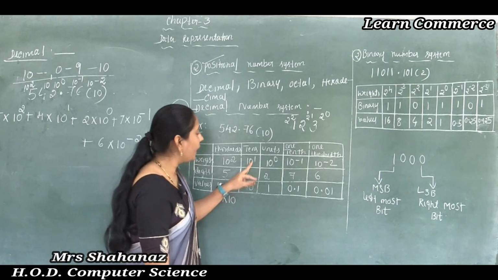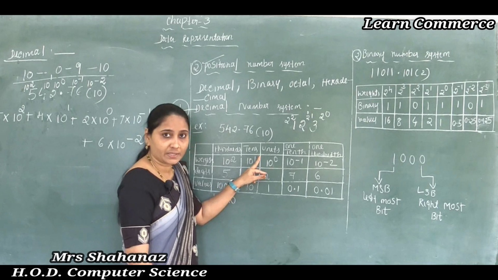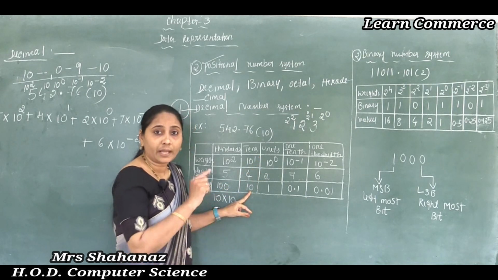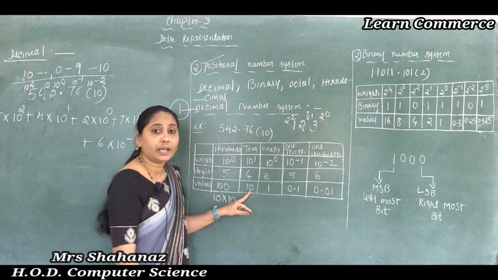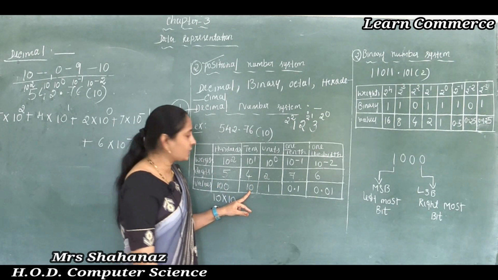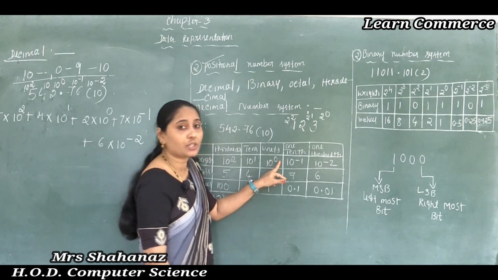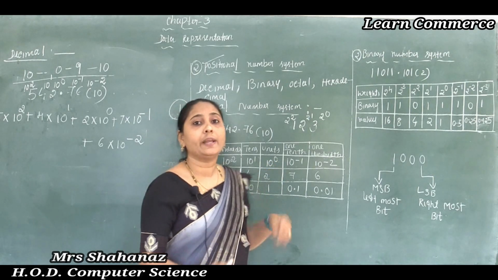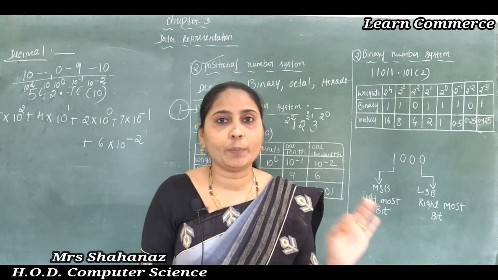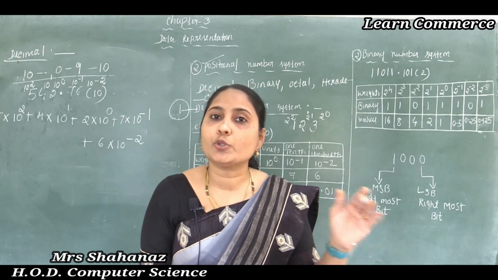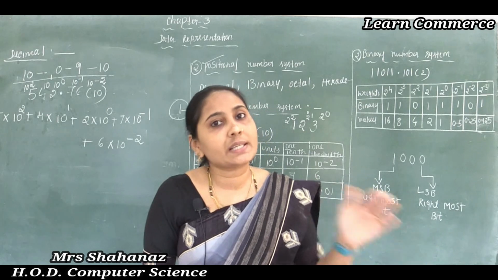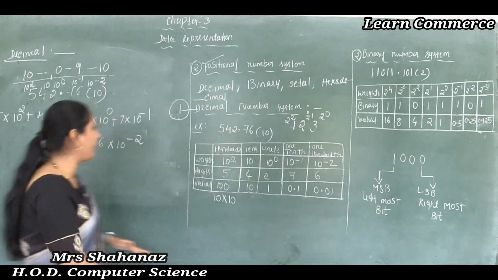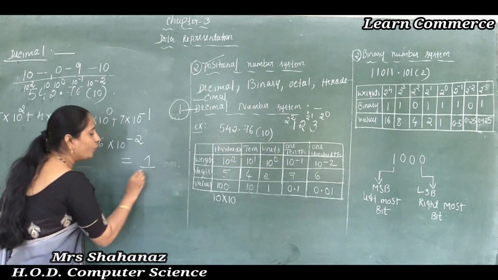And next, 10 to the power of 1, that means just one time, 10 into 1. Clear this one? So the value will be 10 only. And next is our 10 to the power of 0. Always remember it: whether it is 10 to the power of 0, 2 to the power of 0, 8 to the power of 0, or 16 to the power of 0, you will always get the value 1 only.